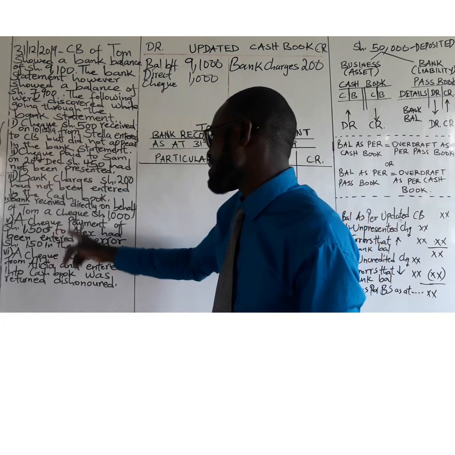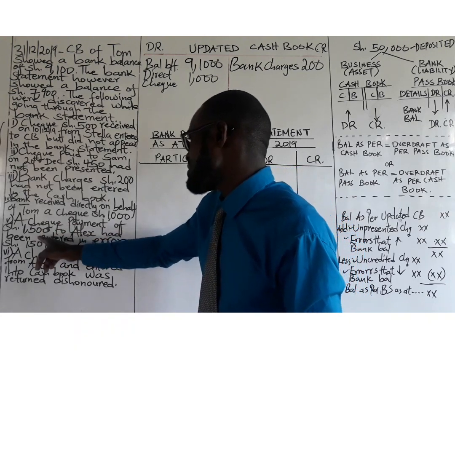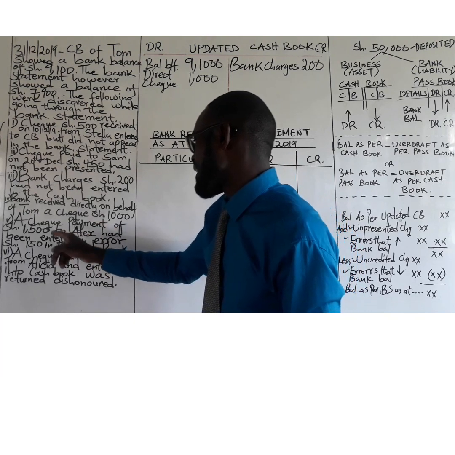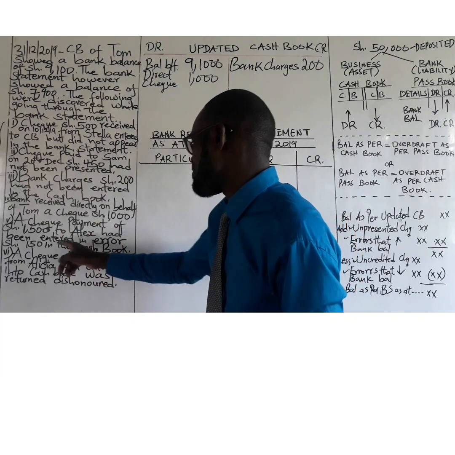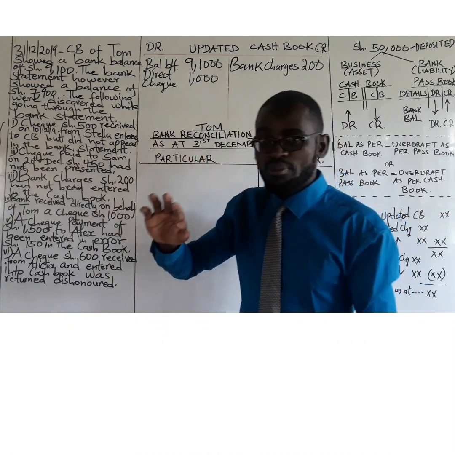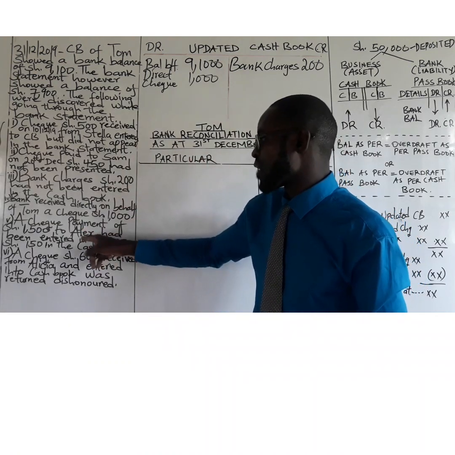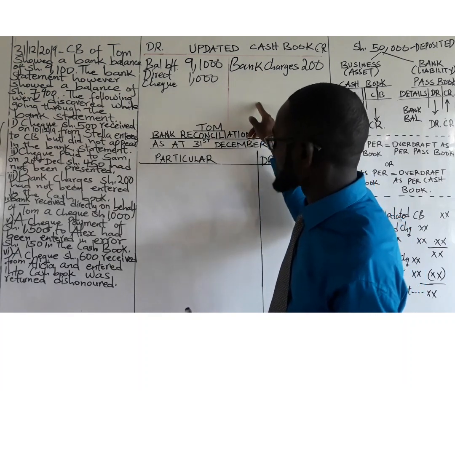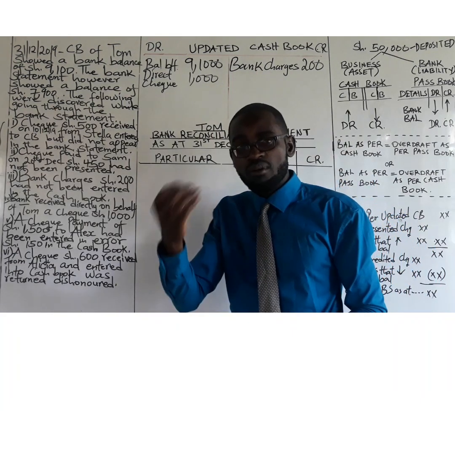A check payment of 1,500 to Alex had been entered in error as 150 in the cash book. Now, this business made some payment to Alex, which is supposed to reduce the cash book, so it's supposed to be credited. Instead, a wrong amount was entered.